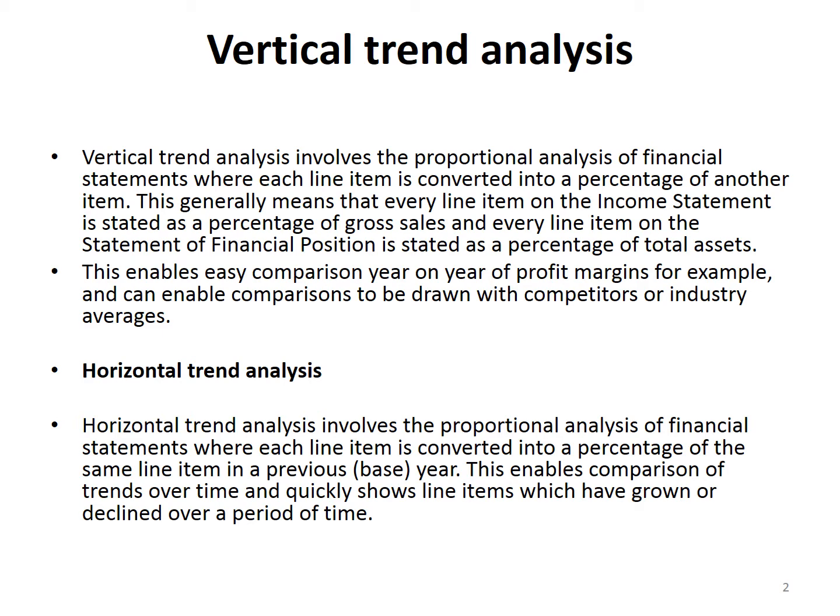So as a percentage of total assets, you can represent other line items as a percentage. Let's say current assets are 25% of total assets. Non-current assets, property, plant and equipment, maybe let's say 75% of total assets. By doing that, you can compare with other businesses very easily with vertical analysis.